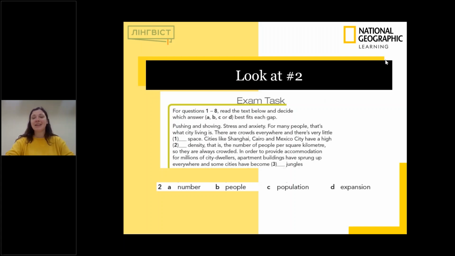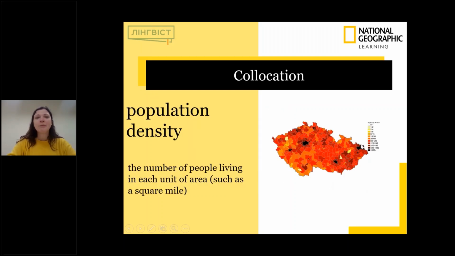Yeah, this expression is a famous collocation, more known for us. Yes, that's right. Thank you very much. So the answer is population density, number of people living in each unit of area, for example, a square mile. And over here we can see an example, the picture example.